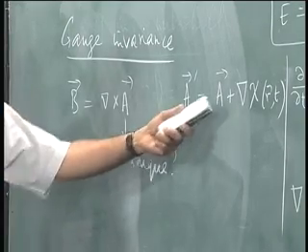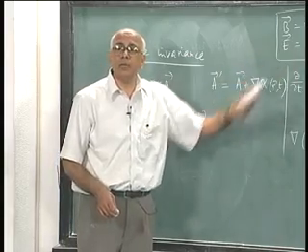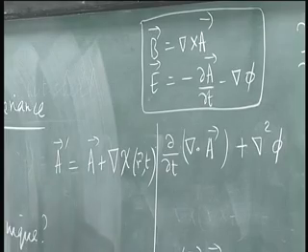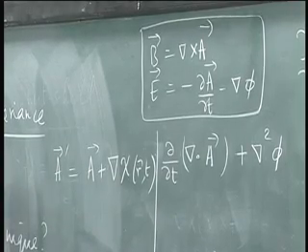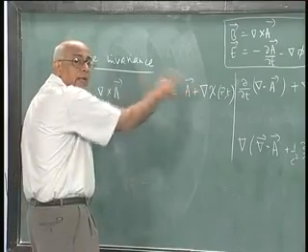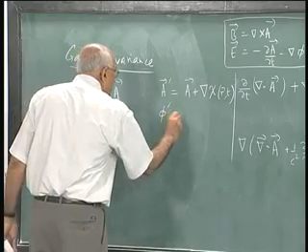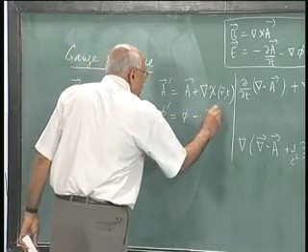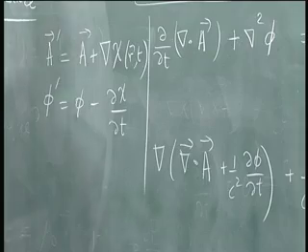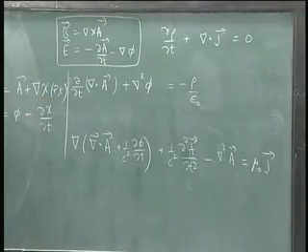If I change A to A prime, I may also change E unless I compensate for it with phi. So what I should say is that simultaneously with changing A to A prime by adding the gradient of a scalar, I should also change phi to phi prime, which is phi minus delta chi over delta t, minus because there is a minus sign here, I need to compensate for it.